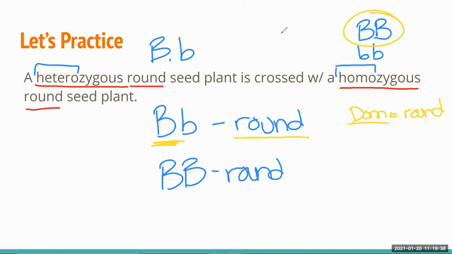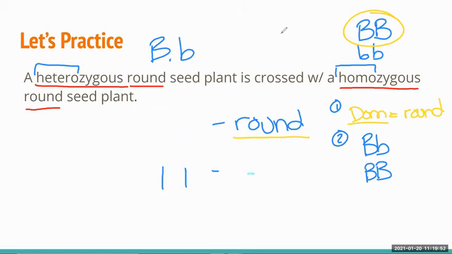So that's how we figured out the parents. So I figured out that A, the dominant is round, and B, that we have a heterozygous parent and a homozygous dominant parent. Those are things that I learned from reading the word problem and using my awesome knowledge of what I've learned so far.